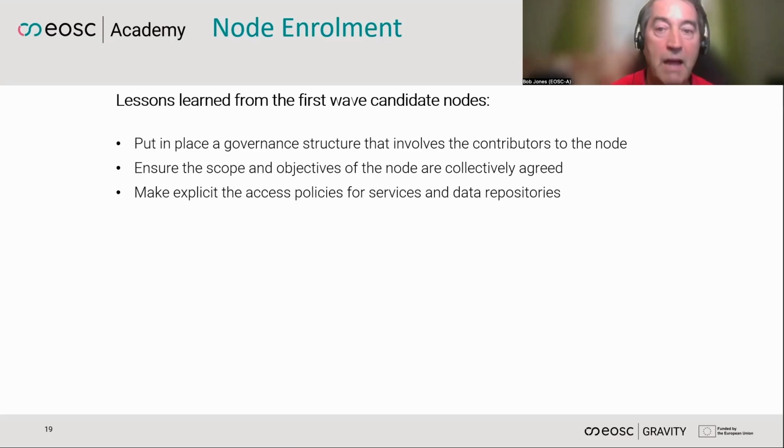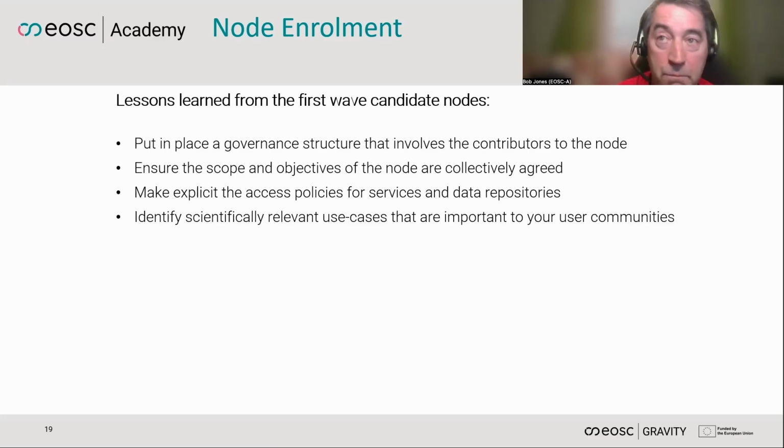Those points have to be elaborated and clarified when setting up this sort of node as well. And then, of course, it's important, as we talked about earlier, that each node identifies their scientifically relevant use cases so that they show the value to your own communities. Then your own users realize why it's worth participating in the EOSC Federation.